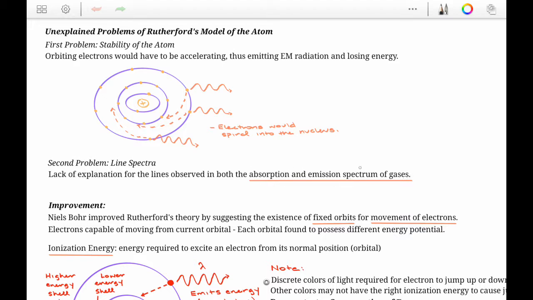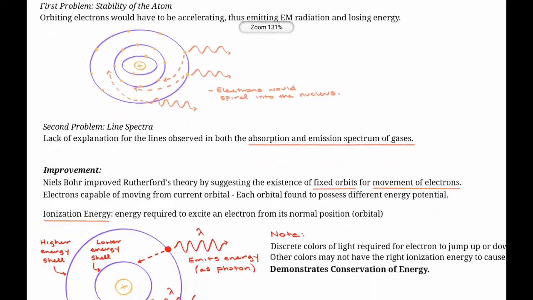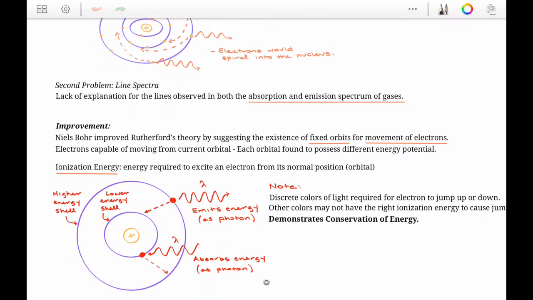And so we're going to talk about absorption and emission spectrums after we get into how Niels Bohr improved Rutherford's theory of this sort of planetary construction of the nucleus and electrons. Niels Bohr improved upon Rutherford's theory by suggesting that electrons existed in fixed orbits where electrons could move from one orbit to the next.